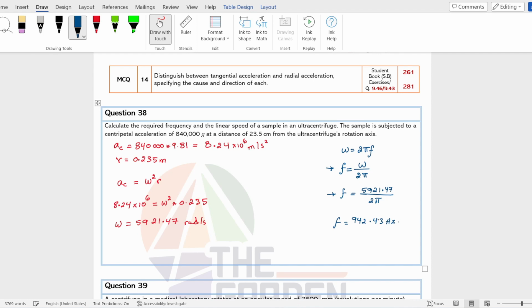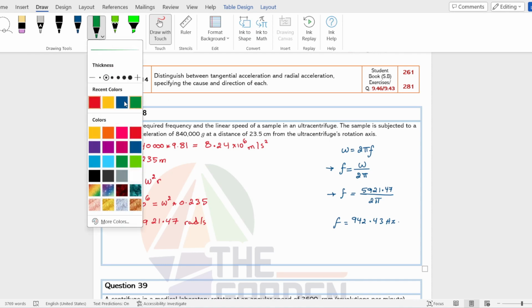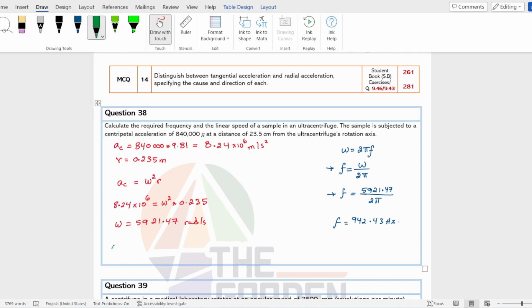Right. Now, also we have to find the linear speed. Let's use another color. And say that this is part A basically.